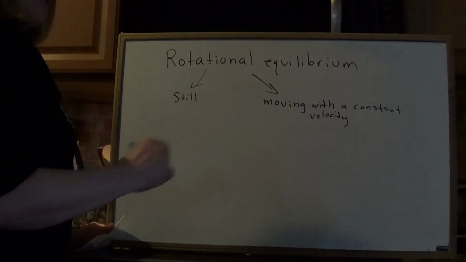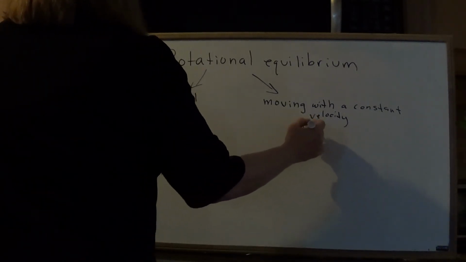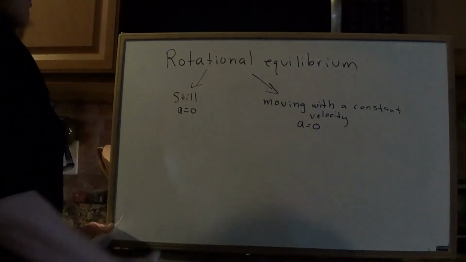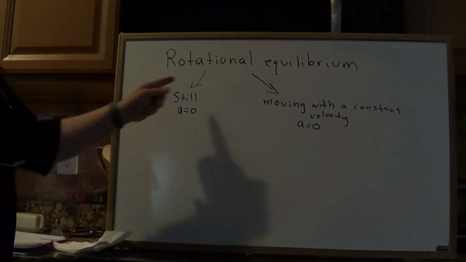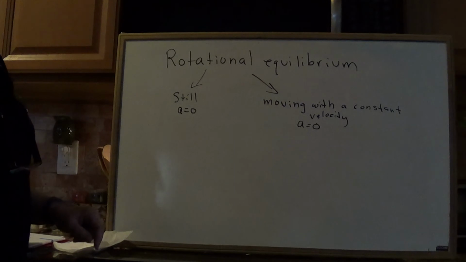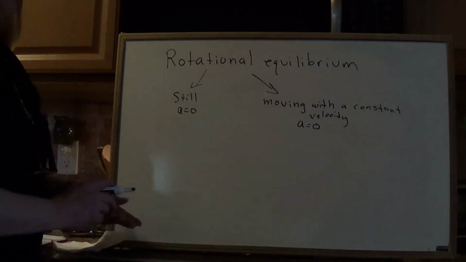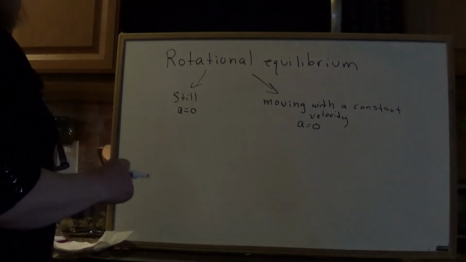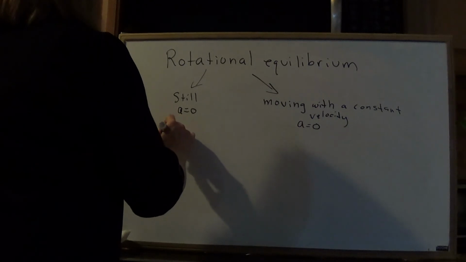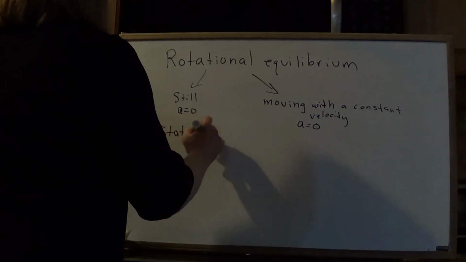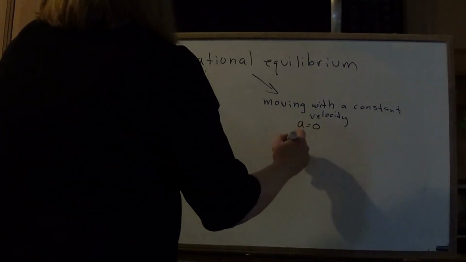What is it? Acceleration here is 0 and here. So in both of these, when an object is in rotational equilibrium, the acceleration is 0. They're either still or moving with a constant velocity. We have a name, just like we did with translational equilibrium. When it's still, it's called static equilibrium. And over here it's dynamic.